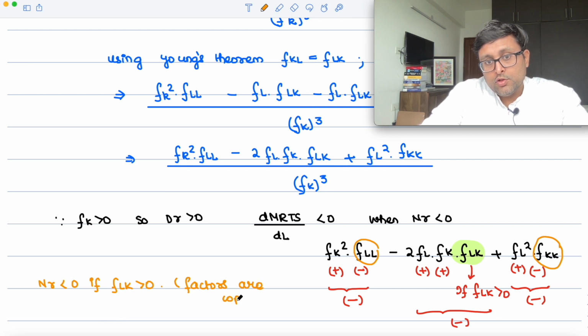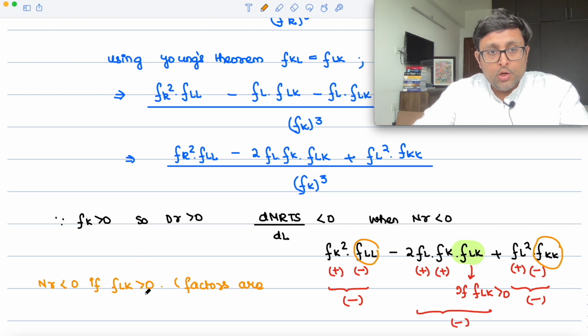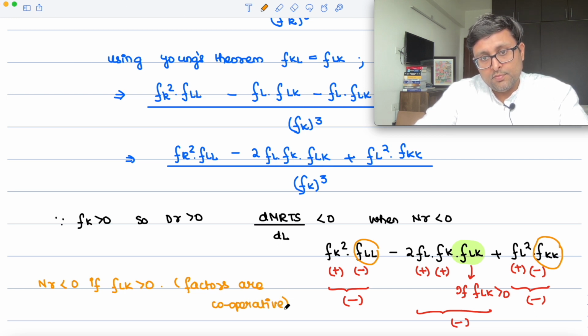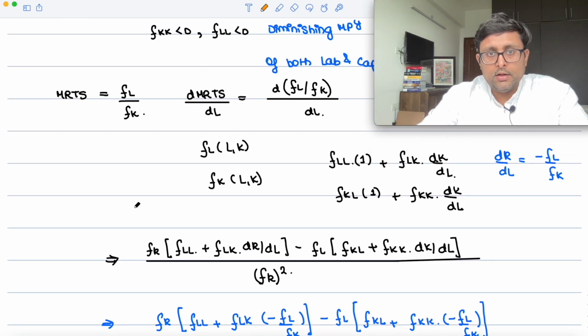What have you proved? Just by having diminishing marginal productivity, you cannot ensure that MRTS is diminishing. MRTS will be diminishing when, in addition to diminishing marginal productivity, you have cooperative factors, FLK positive, right, beta? So this is what I wanted to do in this class. Thank you.